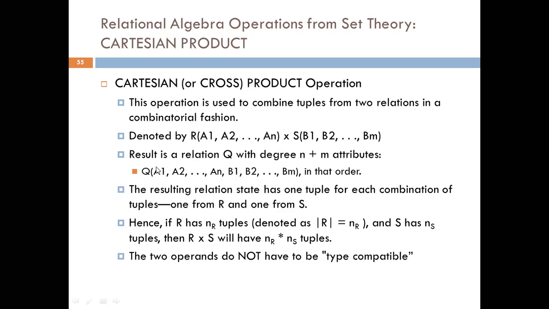Each row of R will be combined with each row of S. Which means the result will have A1, A2 till AN, B1, B2 till BM, in the same order.